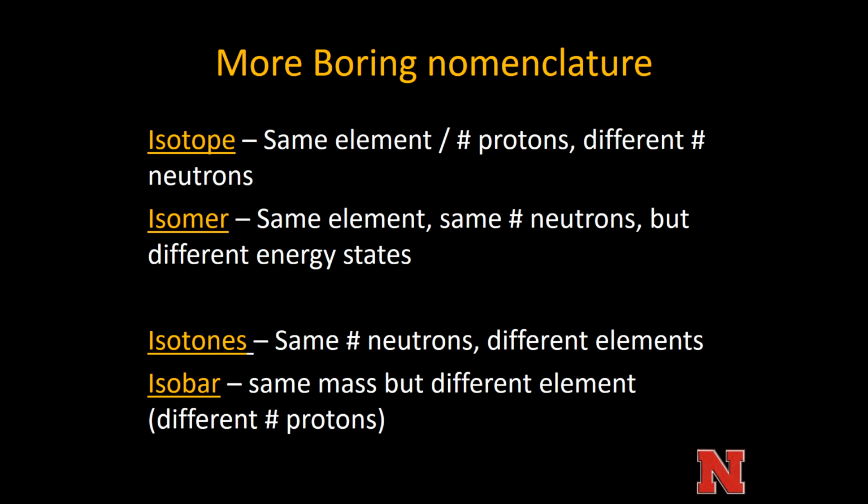An isomer is the same element with the same number of protons and the same number of neutrons, but it's just in a different energy state. An isotone is the same number of neutrons, but it's a different element. And an isobar is the same mass, but it's a different element. So it has a different number of protons because it's not the same element.